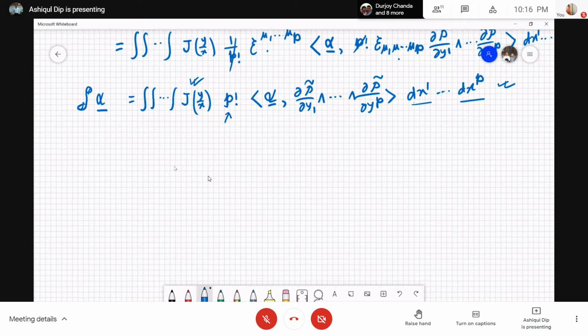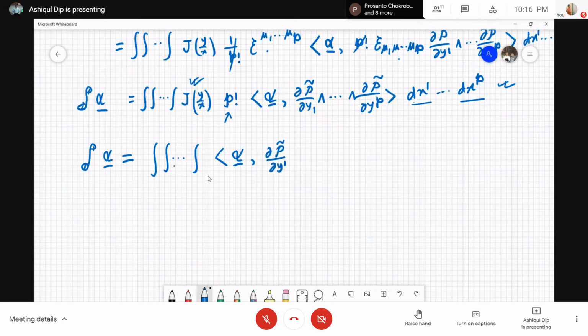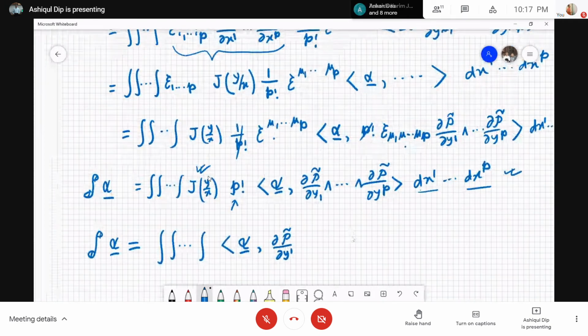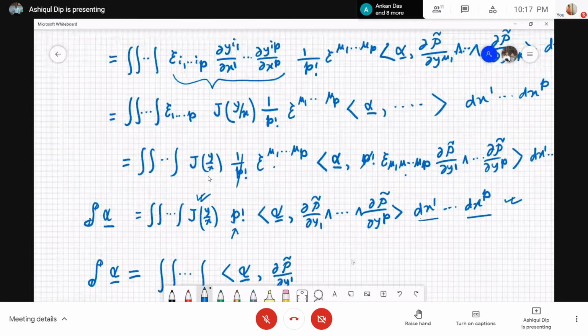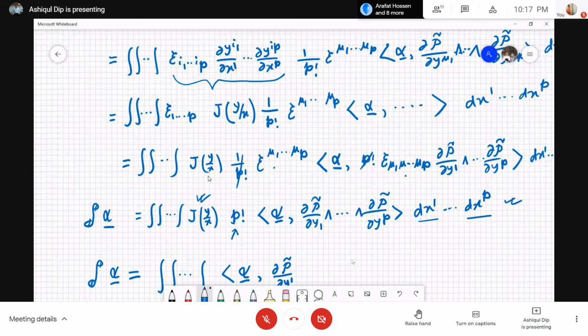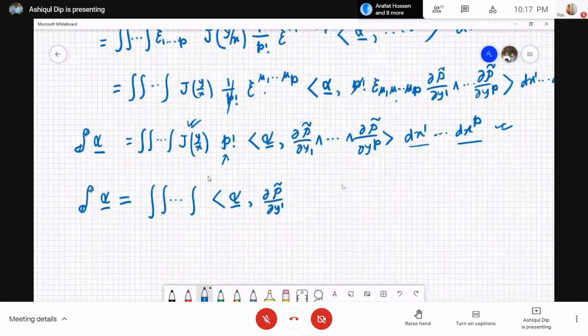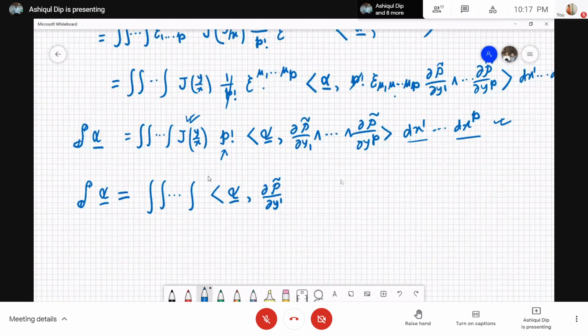Let's start with the definition of the integral itself, which is delta p tilde by delta y1 in y coordinate. Oh, by the way, did you write the correct Jacobian? Delta x, yes, it's the correct one.